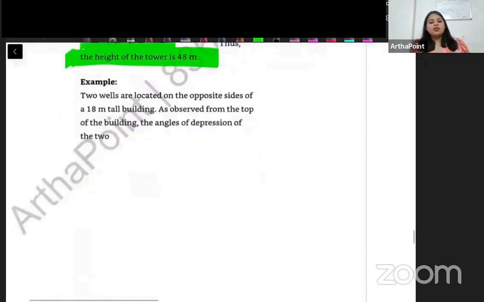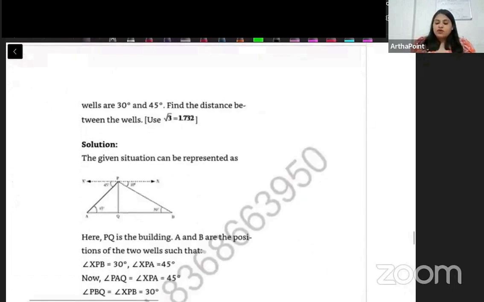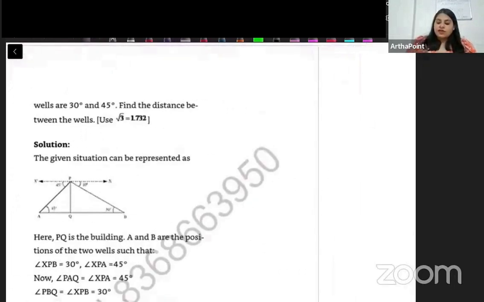Okay, let us take one more question now. Two wells are located on the opposite sides of an 18 meter tall building. An observer from the top of the building sees the angles of depression of the two wells as 30 and 45. So beta, this is the building.